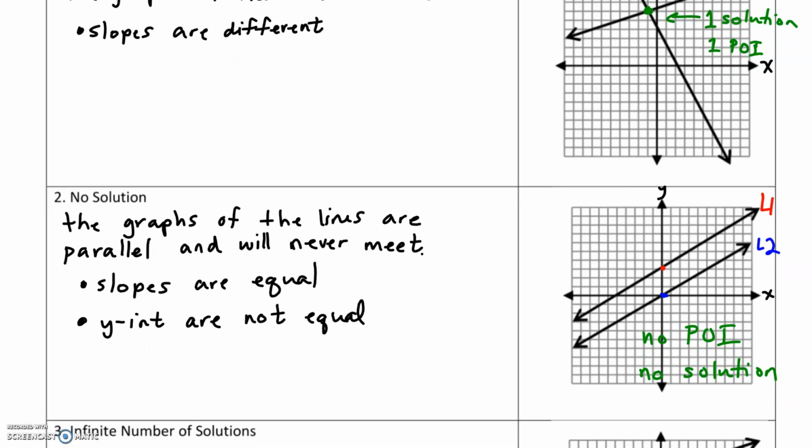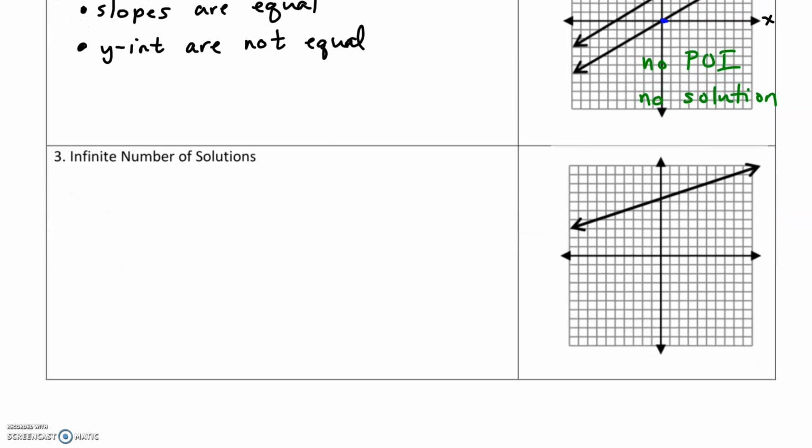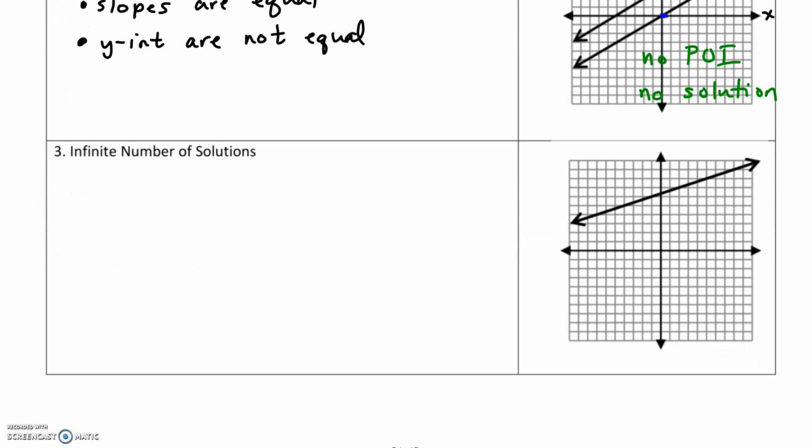All right, let's take a look now at the last situation. Infinite number of solutions. Now, I forgot to add something to this line. We're going to have an extra set of arrows. So we have line 1 here, and then if we have another line that is the exact same line, line 2, that's when you get an infinite number of solutions.